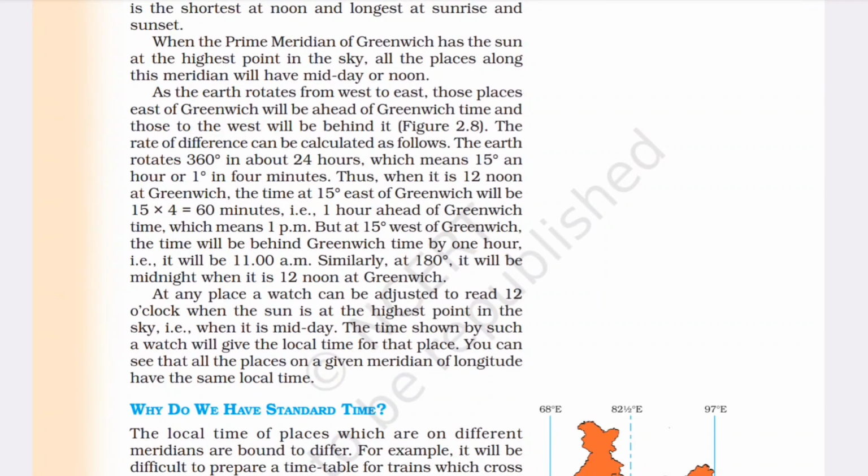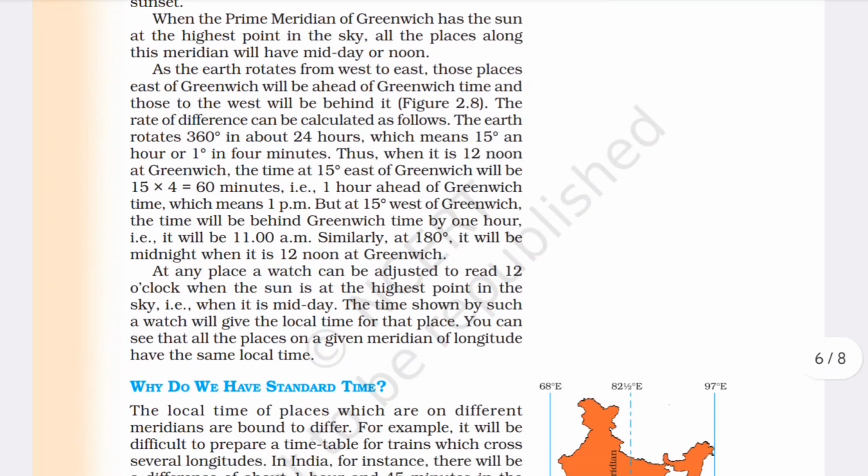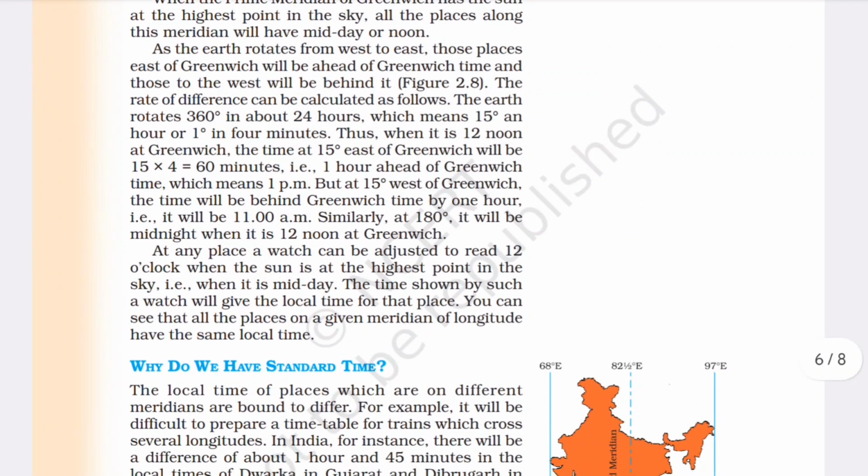As the earth rotates from west to east, those places east of Greenwich will be ahead of Greenwich time and those in the west will be behind it. The rate of difference can be calculated as follows. The earth rotates 360 degrees in about 24 hours, which means 15 degrees in an hour or 1 degree in 4 minutes.